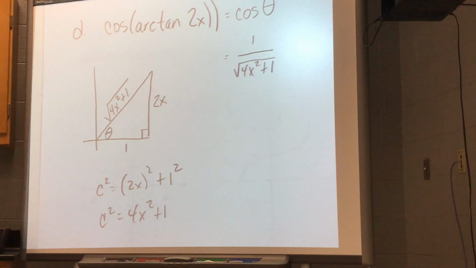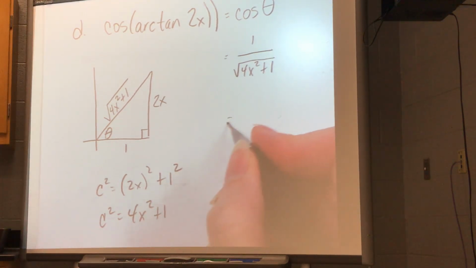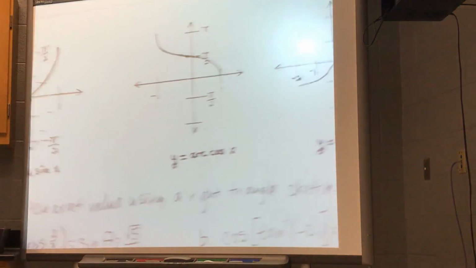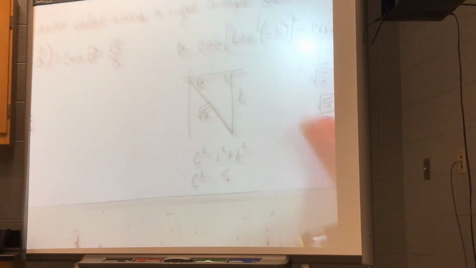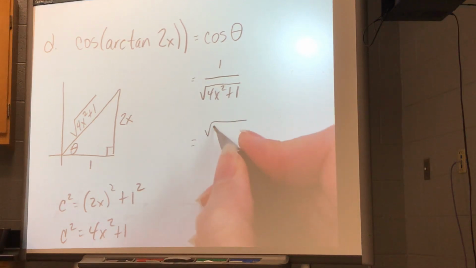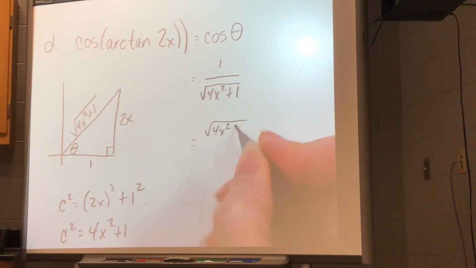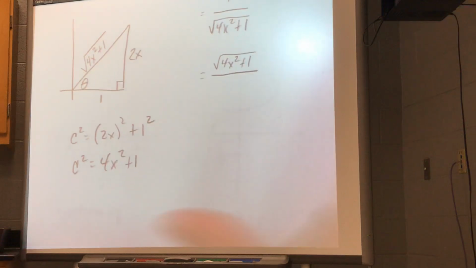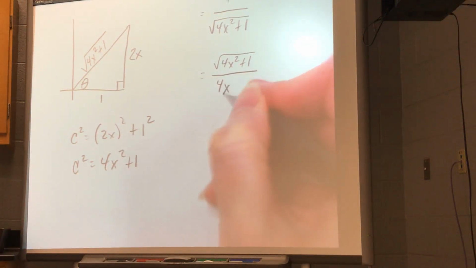I'm not 100% sure, but I think on the challenge exam, they would expect you to simplify this. This really isn't different than normal, like when we had 1 over the square root of 5. So it's the same thing. So that's just going to simplify to the square root of 4x squared plus 1 over just 4x squared plus 1.